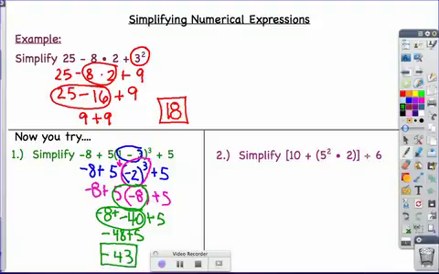Number 2 has more than one set of parentheses. We start with the innermost parentheses, and we follow order of operations within the parentheses as well. So I'm going to start with 5 squared, which is 25, and recopy the rest of the question.